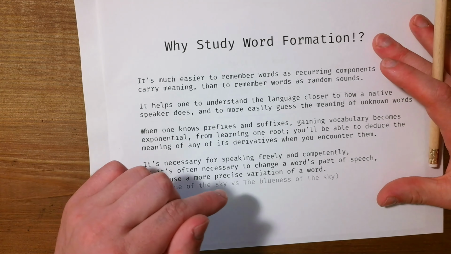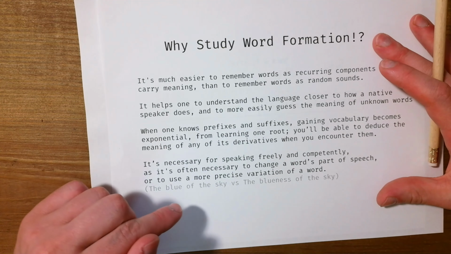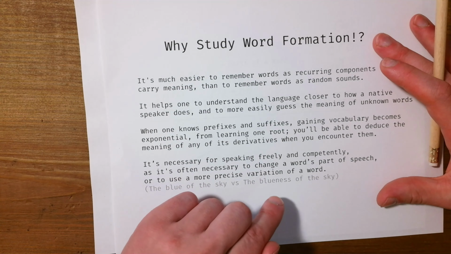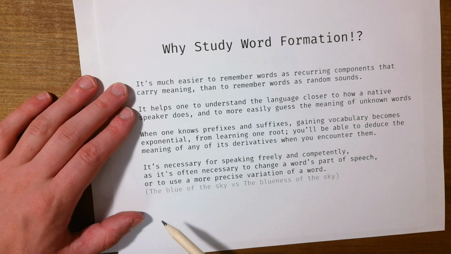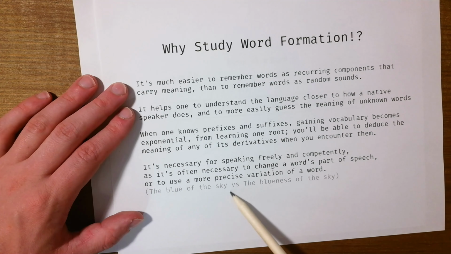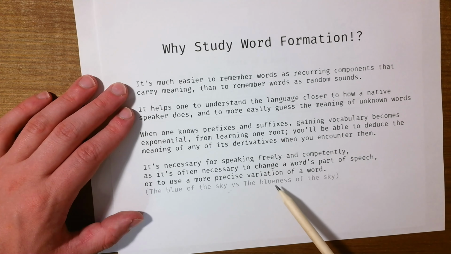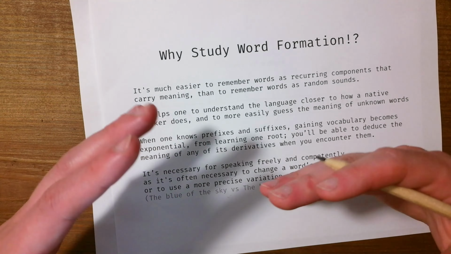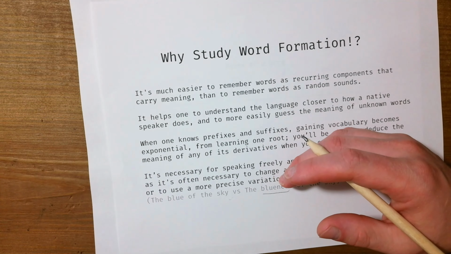It's necessary for speaking freely and competently, as it's often necessary to change a word's part of speech or to use a more precise variation of a word. For example, the blue of the sky versus the blueness of the sky. Blueness just fits better. I'm not sure why.